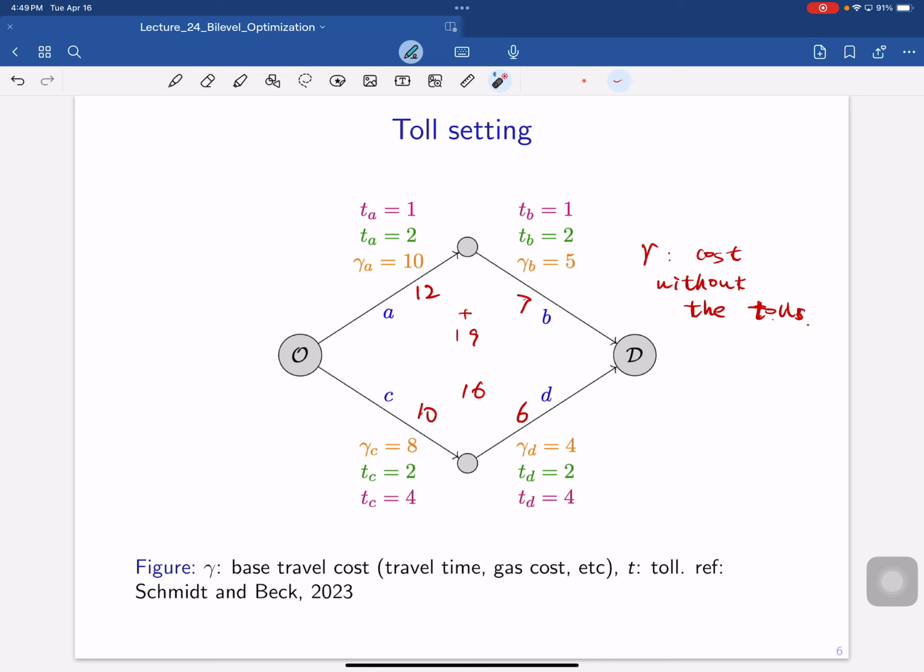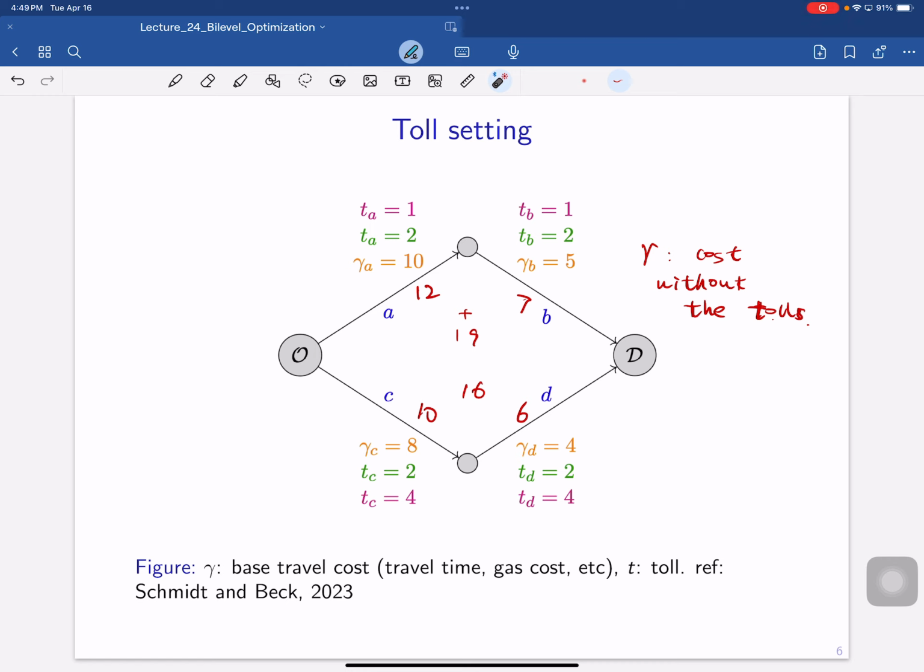So the traveler will always pick the route that gives them the least total cost, that will be the base cost plus the toll. So as you can see, there are some trade-offs for the toll setting agency. If they set the tolls too high, then all the travelers will travel through the cheaper routes, although it may take more time.